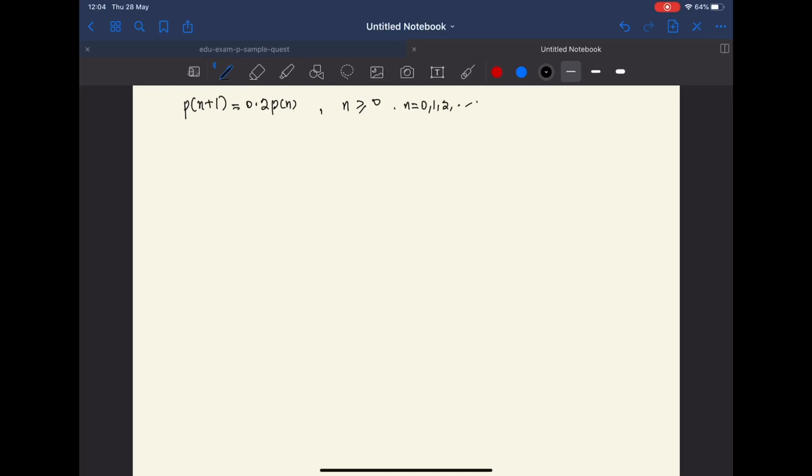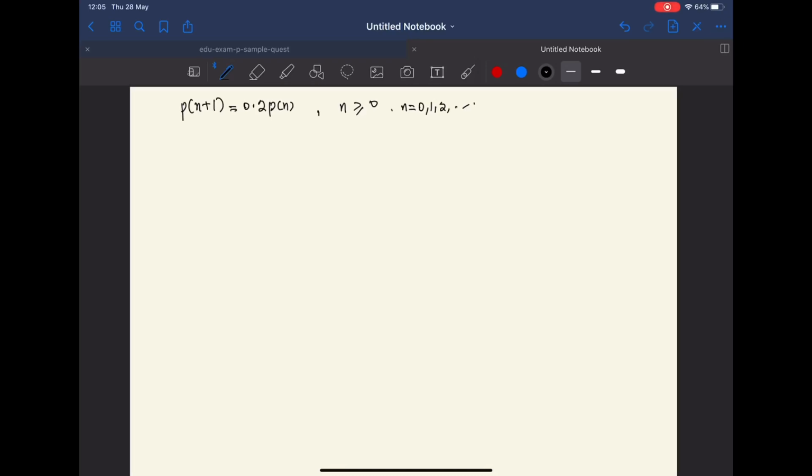To help us better visualize this, let's pick the first set of numbers and see how best we can find a pattern in this model. Okay, so we know p of 0 is still p of 0, which is the first value. We know that p of 1 then becomes 0.2 p of 0, that you agree with.